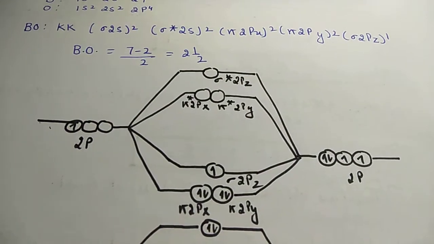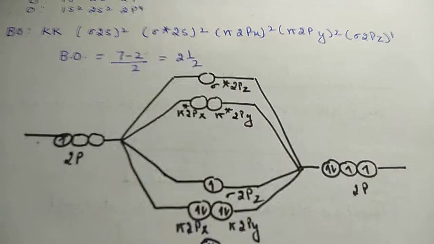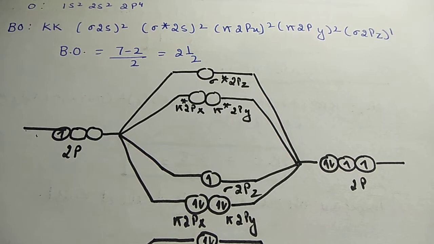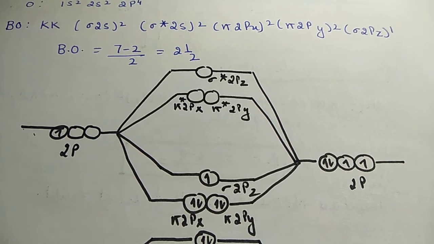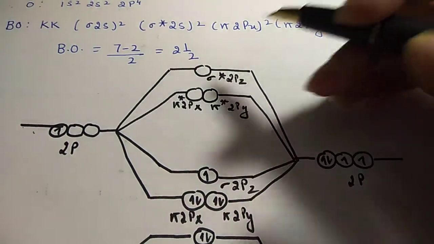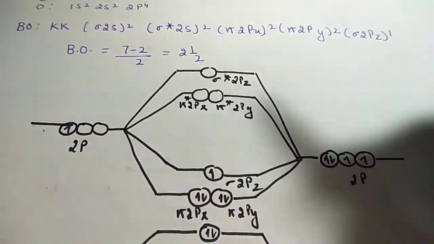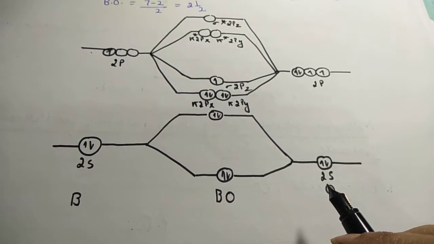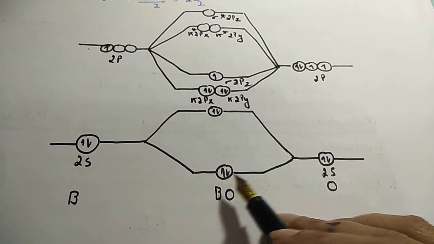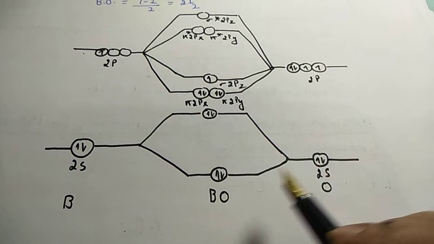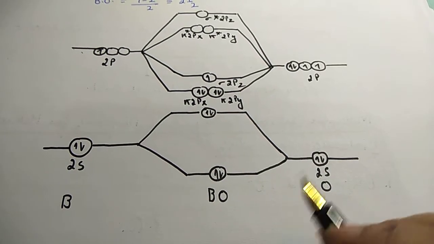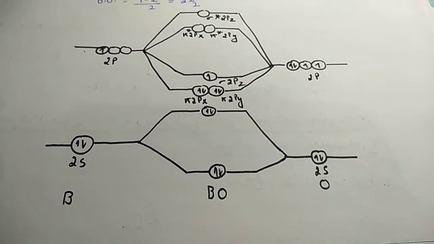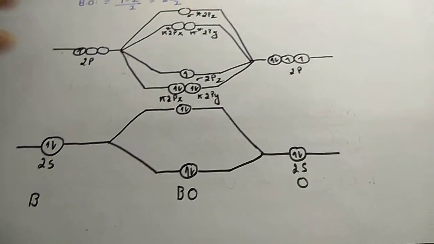So the configuration is sigma 2s2, sigma star 2s2, pi 2px2, pi 2py2 and sigma 2pz1. So we have bond order 2.5, and this is how the molecular orbital diagram is drawn. The electrons will lie closer to oxygen than to boron, because oxygen is more electronegative, so it will be lower in energy.